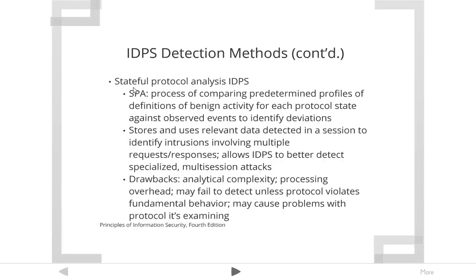So the stateful protocol analysis is going to compare predefined profiles of definitions of benign activity for each protocol state against observed events to identify deviations. If your HTTP connection, basically first you go to the index page, and then you download a bunch of images, JavaScript, and then after that, okay, most users are going to stop connecting.